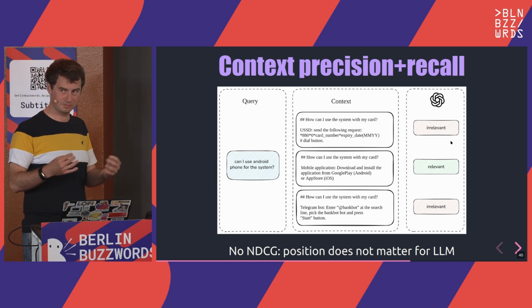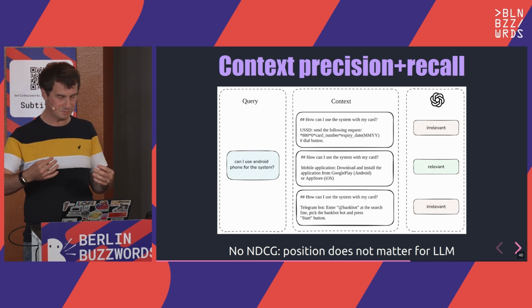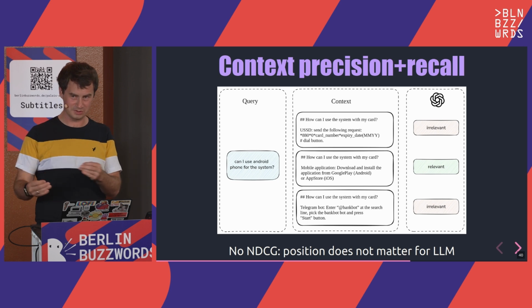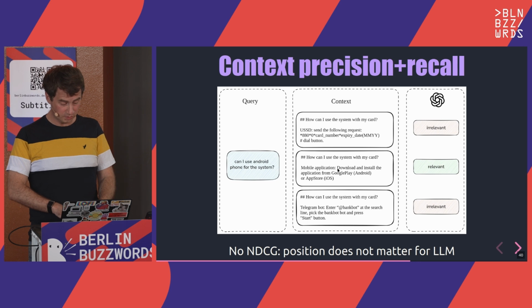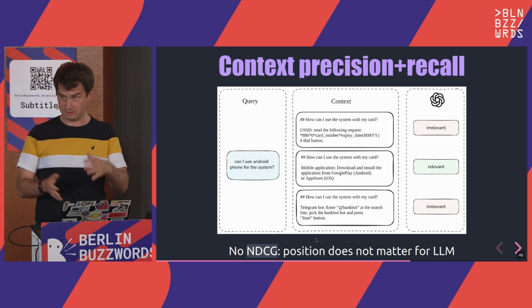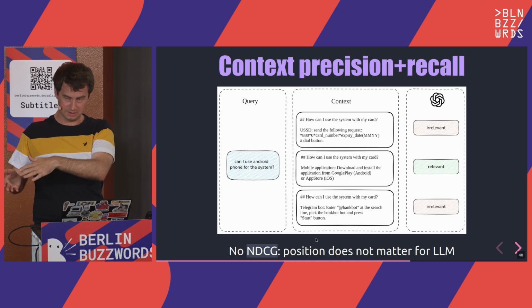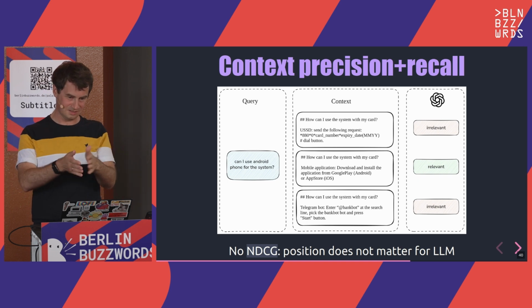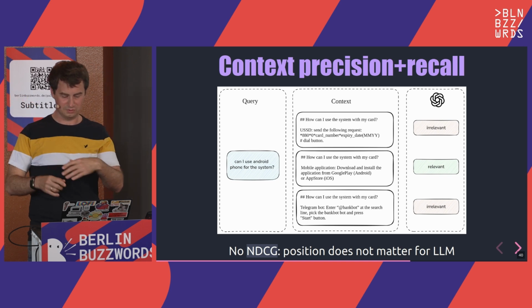You need to be very careful about your definition of relevancy, because as you might be subjective on what's relevant, what's not, OpenAI and ChatGPT can also be very subjective. But at the end, we're not going to do nDCG, because for the downstream LLM, it doesn't really matter what position your relevant document is, as far as it's in the context, because it's not like us humans, liking the top documents more than the bottom documents.